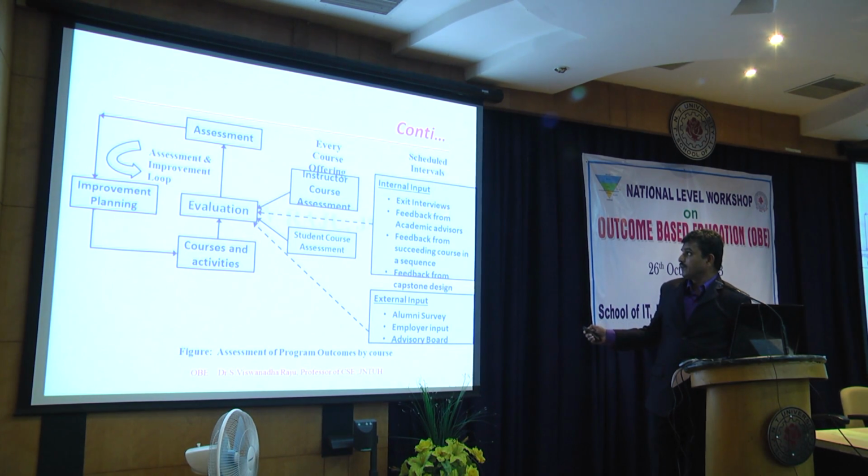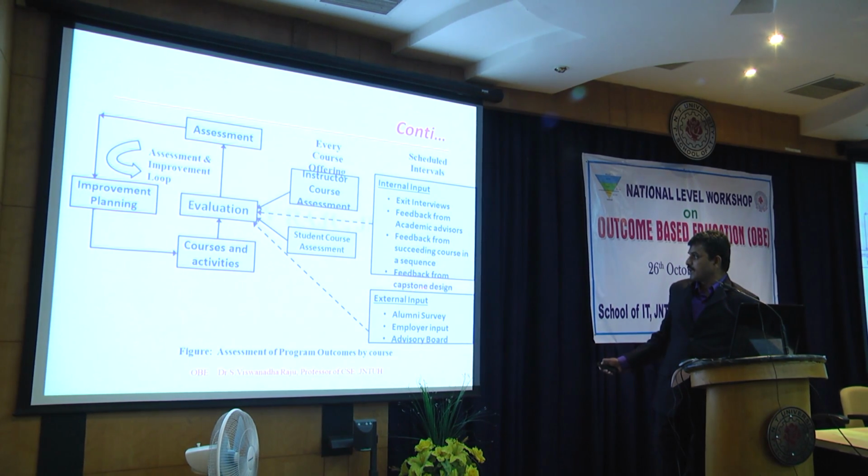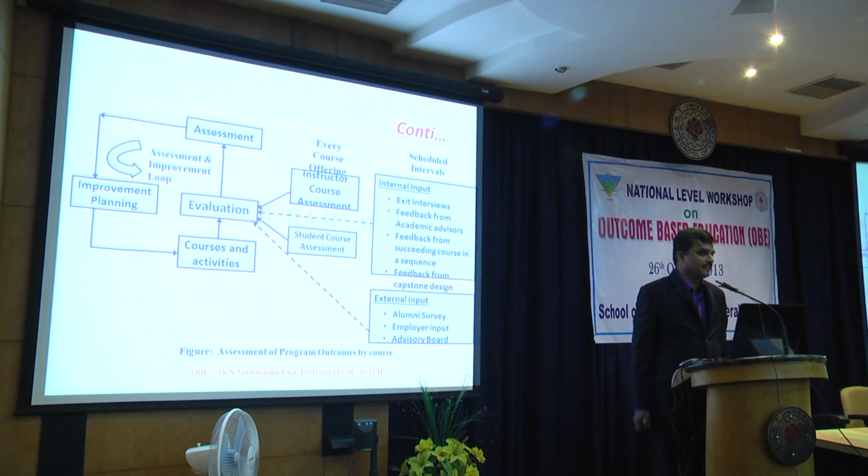You see scheduled intervals, internal input, exit interviews, feedback from academic advisors, feedback from succeeding courses in the sequence, feedback from capstone design, and external input: alumni, employer advisory board. How many colleges have been taking information this way? I think not more than single digit.